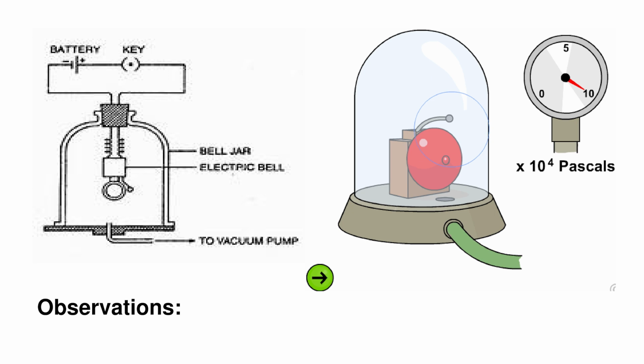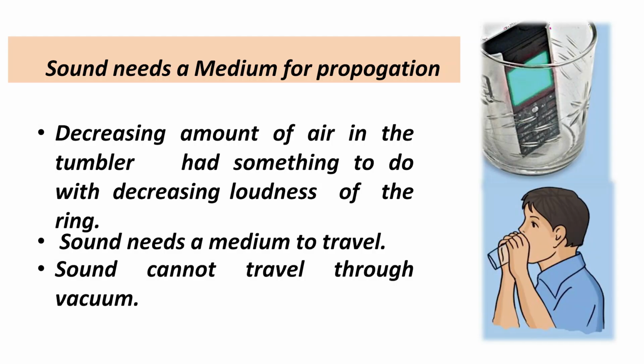Gradually, as we are evacuating that bell jar, the loudness of the sound will decrease. Ultimately at a particular point of time, we can't hear that bell ringing sound even though it is ringing. Why could we not hear that particular sound? Because there is no medium, we evacuated that.